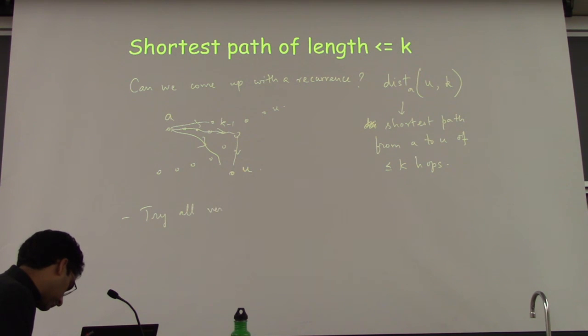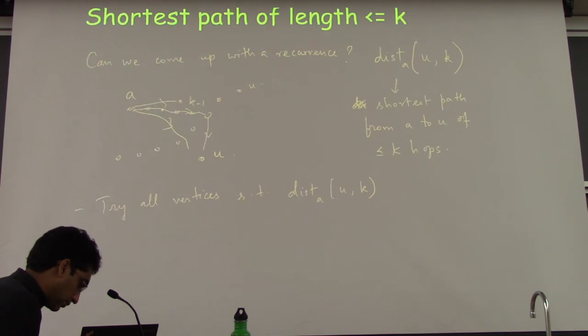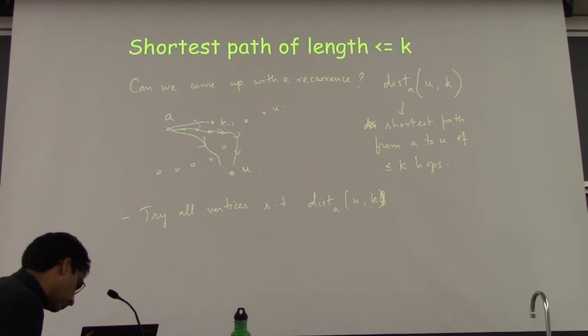Try all these such that A of u, k is not infinity, and then set min over v of the weight of v to u.